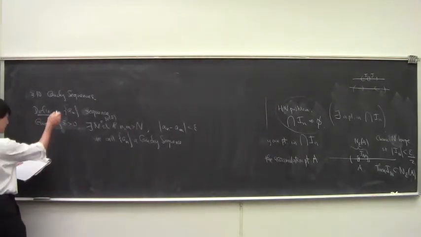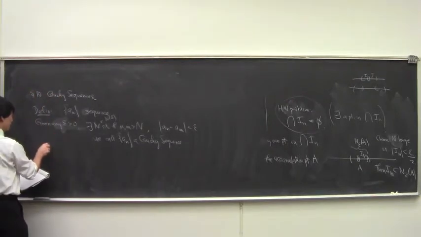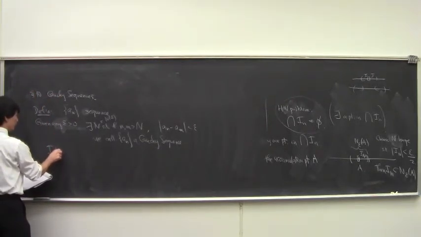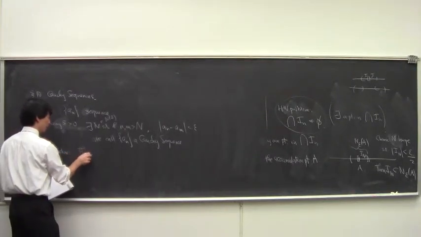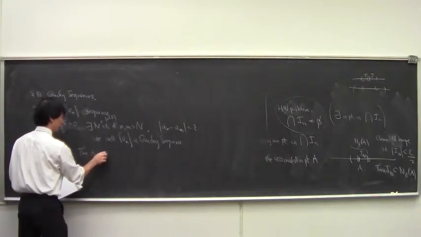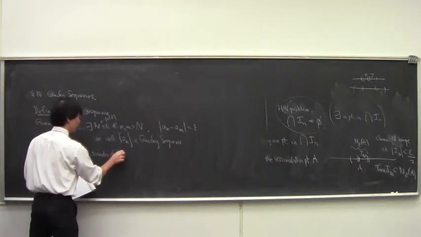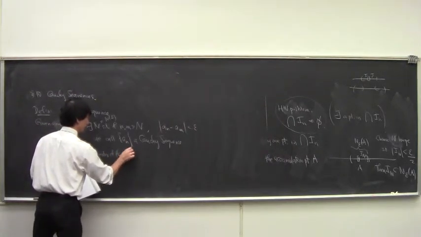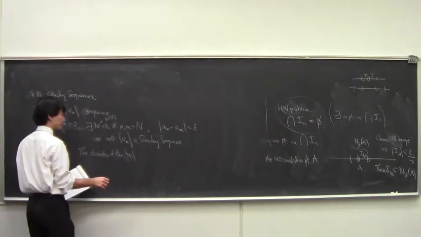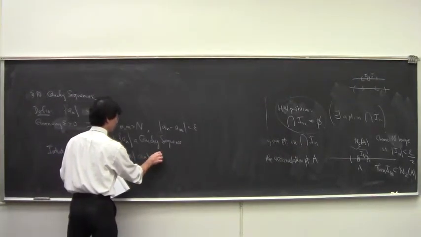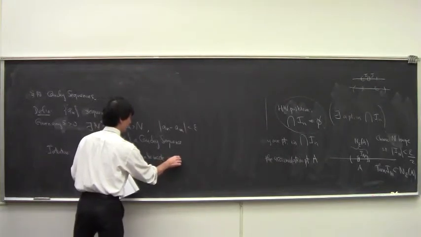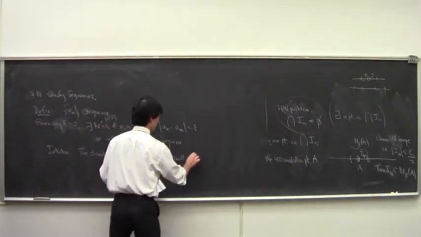So the intuitive picture is that the diameter of the tail can be made as small as I want.